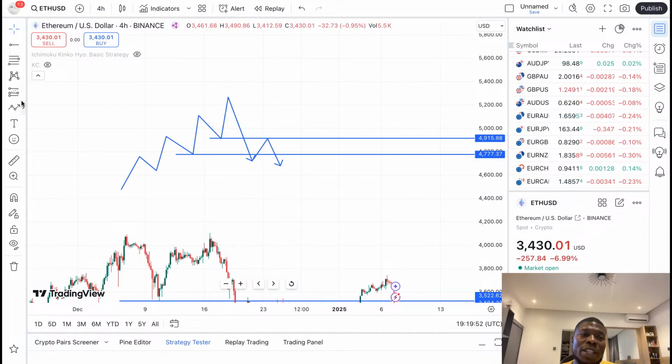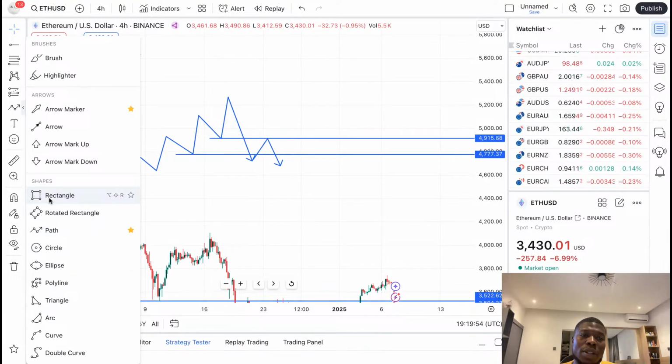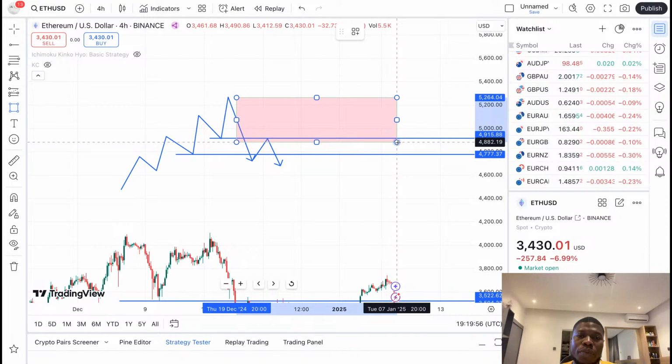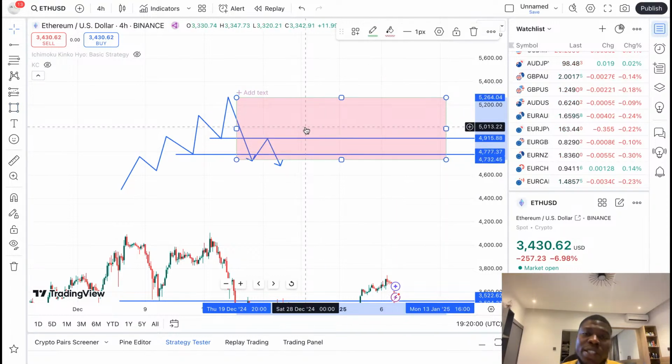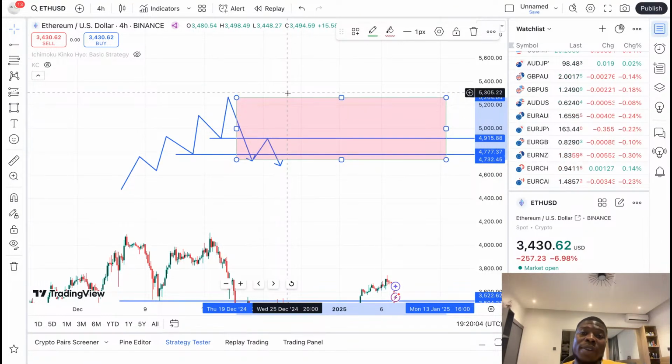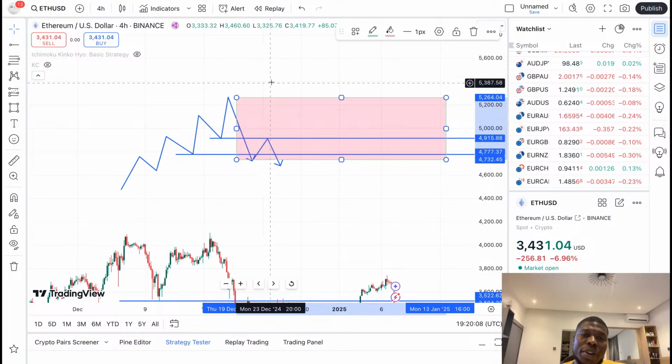So the ranging area is this region. This region is a ranging area. I want you to identify a ranging area when you're trying to identify a market with your swing. So this is a ranging area.